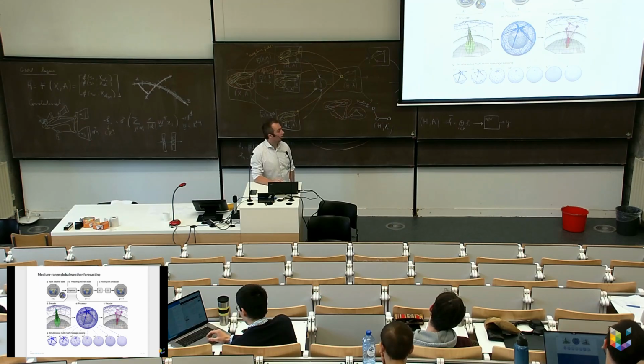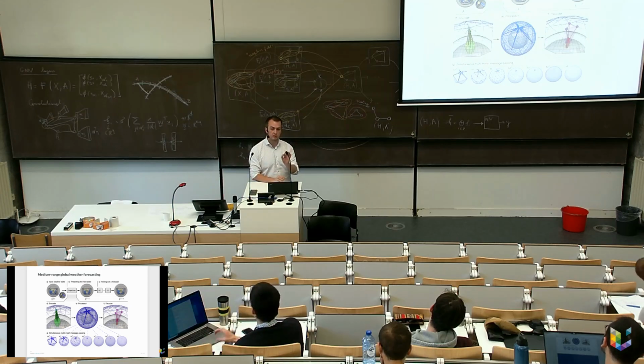So you can view the model of the atmosphere as a big onion with several layers, and each layer is itself a very fine mesh of pixels, and then you associate at each position physical quantities like temperature, humidity, speed of wind, and so on.